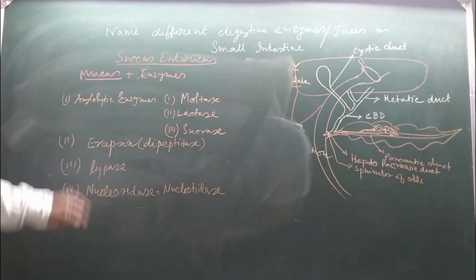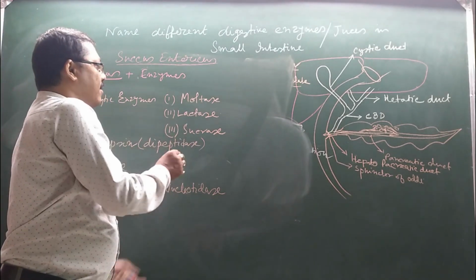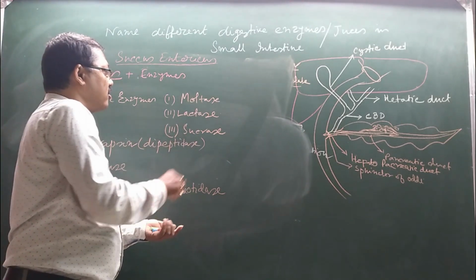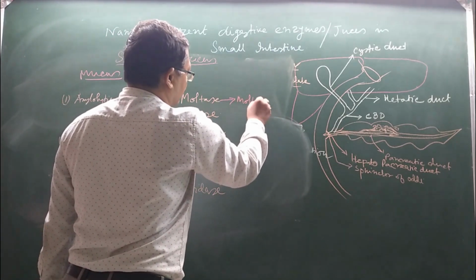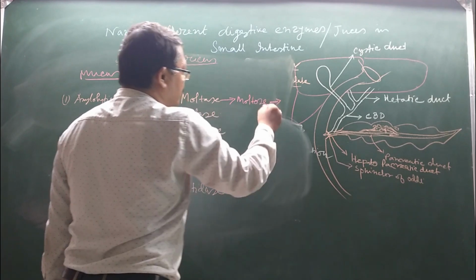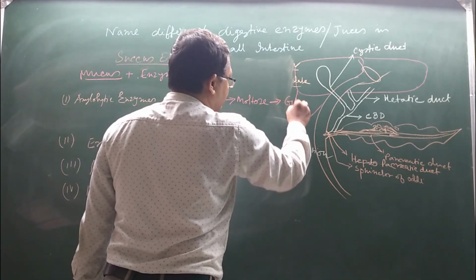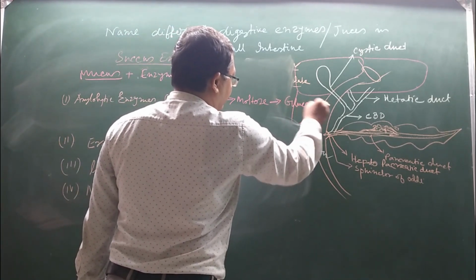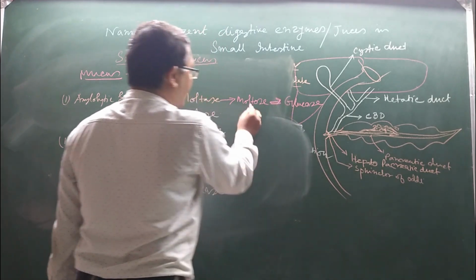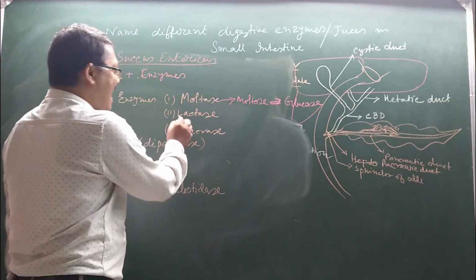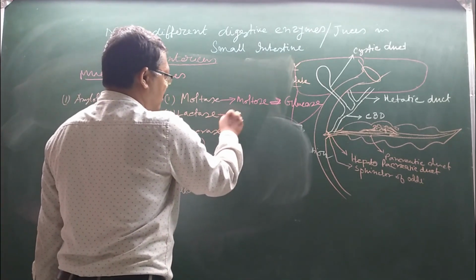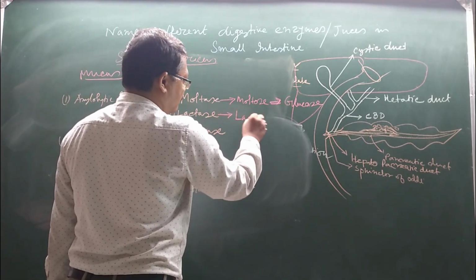What is the function of maltase? Maltase acts on maltose and converts it into glucose. Lactase acts on lactose.